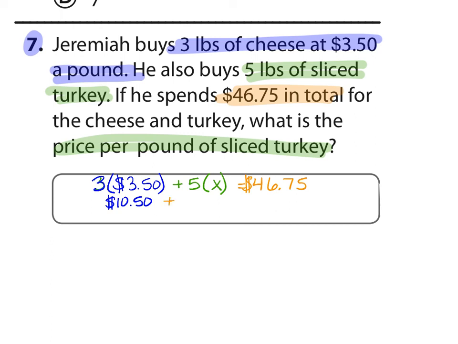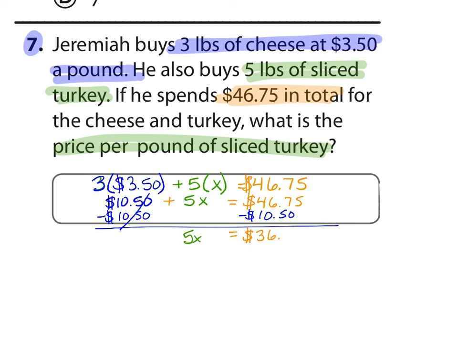Plus, we just know that 5 times X, the price per pound of turkey, would be the price of all the turkey, equals $46.75. If we subtract $10.50 from both sides, what that will tell us is that the 5 pounds of turkey equal $36.25.